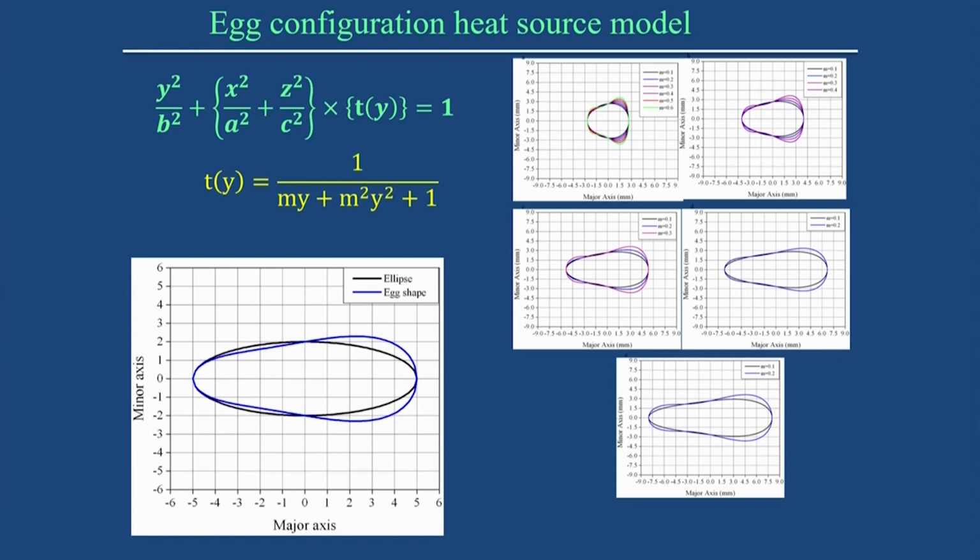In the double ellipsoidal heat source model the number of parameters is larger, but we can reduce these parameters by checking the geometric shape that looks like an oval or egg shape, simply by modifying the equation of the ellipsoid. So, this can be incorporated in weld pool modeling; it is one of the modeling approaches where we can apply the egg configuration heat source model.